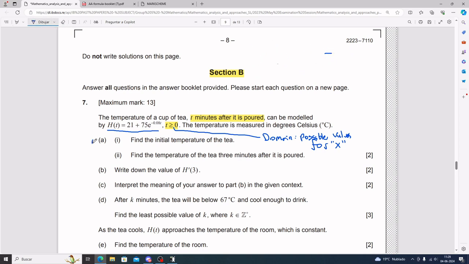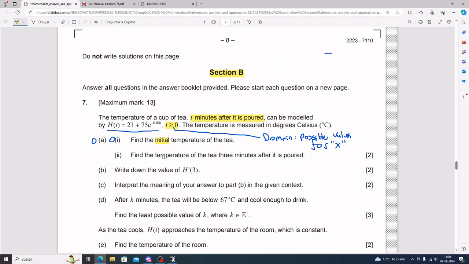For part A I, we need to find the initial temperature of the tea. Now, this is a classic question that shows up all the time. What's the initial temperature? What's the initial height? What's the initial whatever? The moment you're reading the word initial, you need to consider that it's the start, the beginning, the first thing that happens.